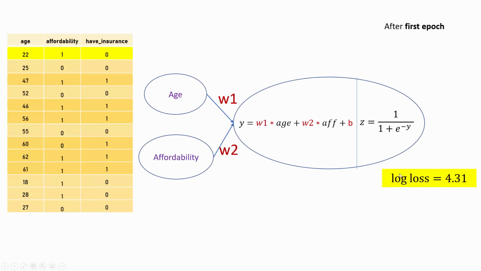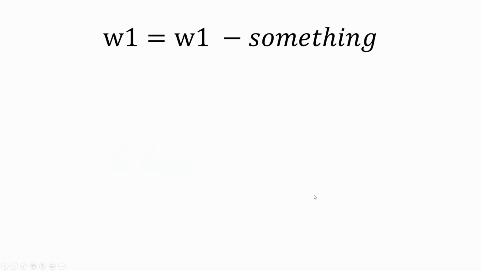The derivative of your loss with respect to W1 indicates how my log loss changes for a given change in W1. And that's an important parameter to understand, because now you can do something like this.